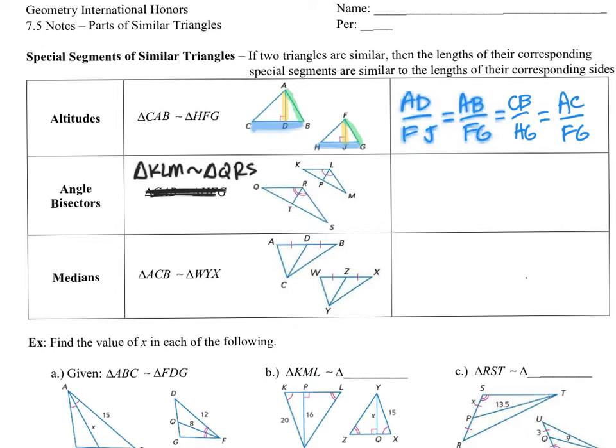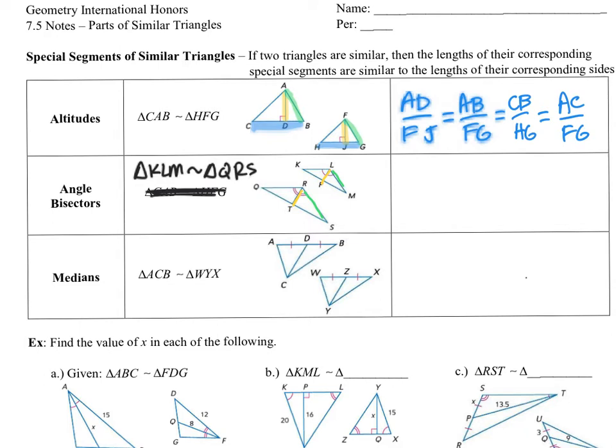So again, I'm going to go ahead and highlight those angle bisectors in yellow, and then let's pick a pair of corresponding sides. How about we'll pick LM and RS, and I know that they correspond because LM would be the last two vertices named in the first triangle, and RS are the last two letters named in the second triangle.